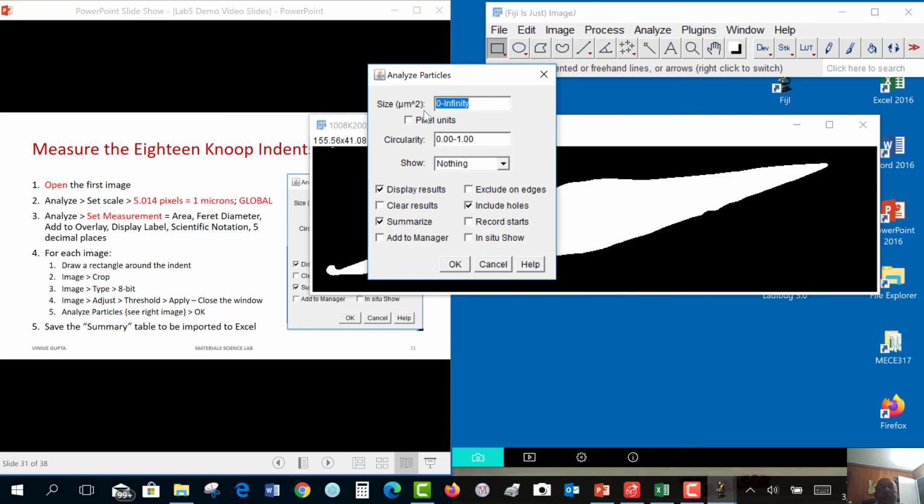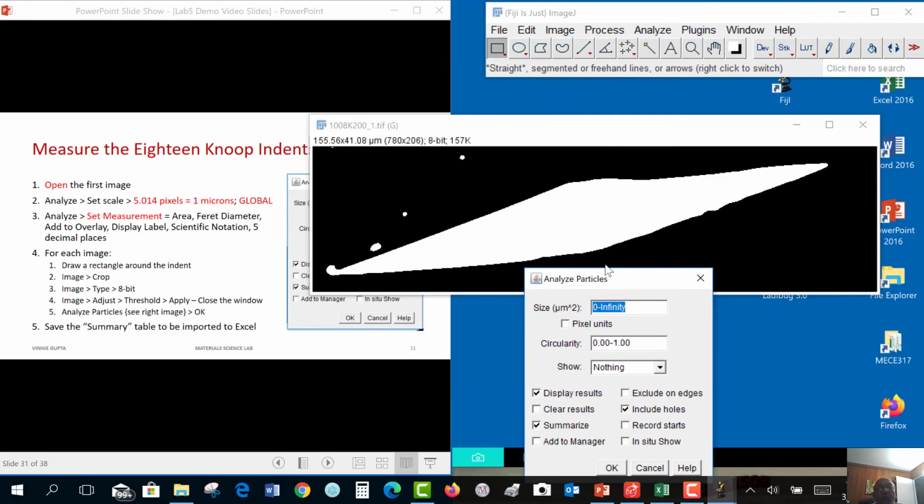What I want to do here is I don't want small particles. I don't want to measure these particles, and they are definitely less than 100 microns square. I don't care about the shape. If you want, you could choose an outline so you can see what is being measured. I want to display results.